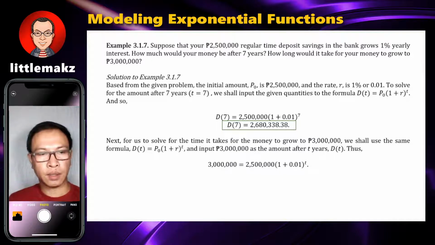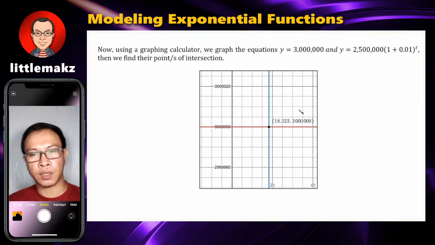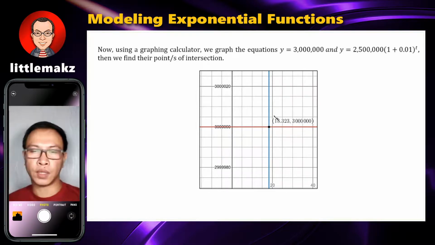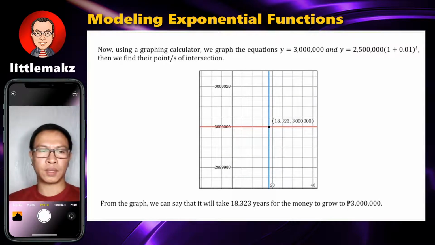Again, using our graphing calculator or Desmos, we will be able to see that the point of intersection of our horizontal line, the line for 3 million, and this part of the exponential function graph is 18.323. So that means it will take 18.323 years before the money would grow to 3 million pesos. So that's how long it would take for the money to become 3 million.